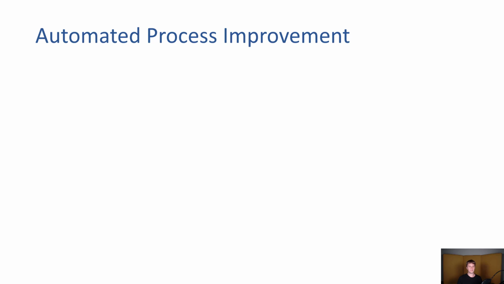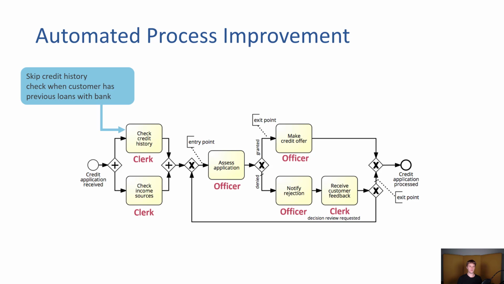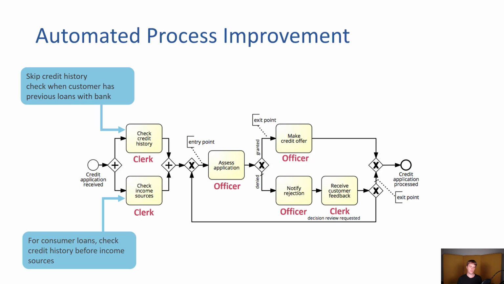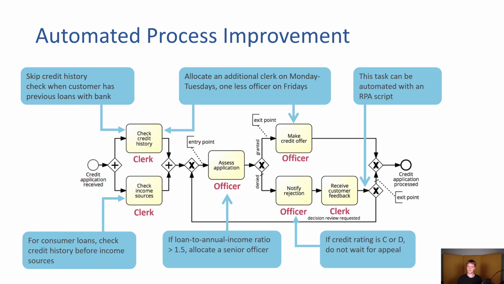This naturally leads us into automated process improvement, which based on an existing process model allows us to automatically find out changes such as skip credit history check when customer has previous loans with the bank, for customer loans check credit history before income sources, and many other such changes, potentially even including the identification of activities that could be automated.